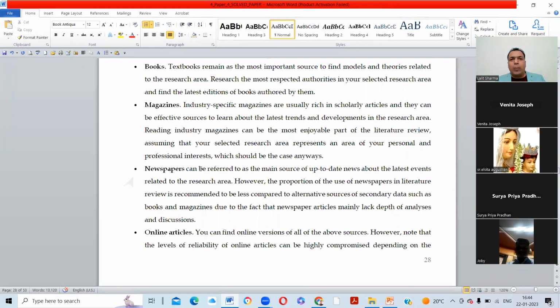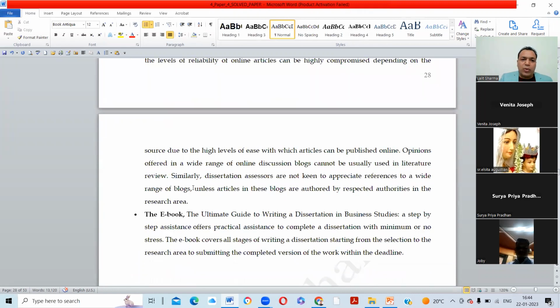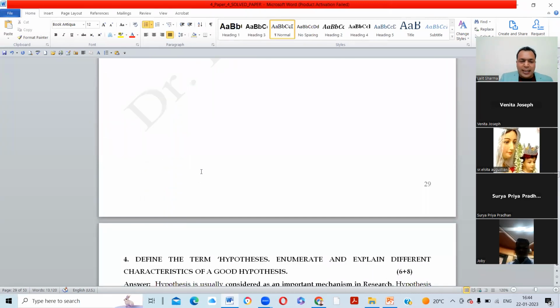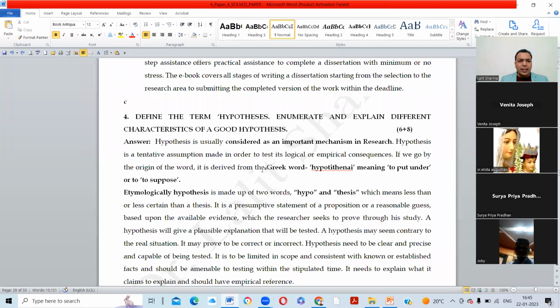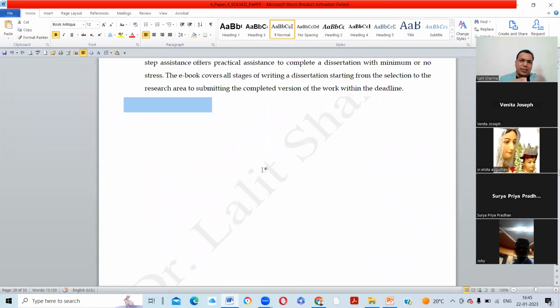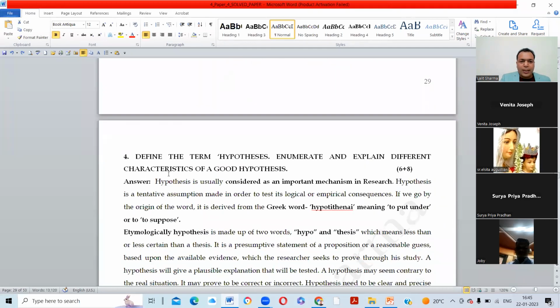Even you can extend a little bit more about the sources of a review of related literature. One thing I have missed here, but you have to talk about the conclusion. The conclusion part you have to write, for 6 or 7 pages.